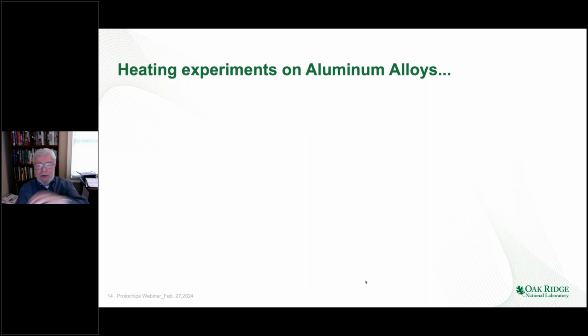And so those were samples that were fairly easy to make, just depositing particles on the heater device. But then we advanced to doing work on aluminum alloys that I want to highlight in this talk.